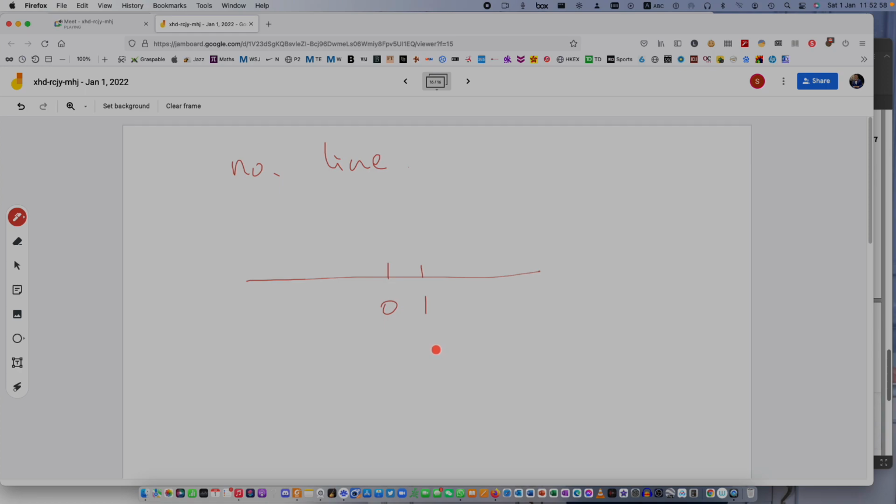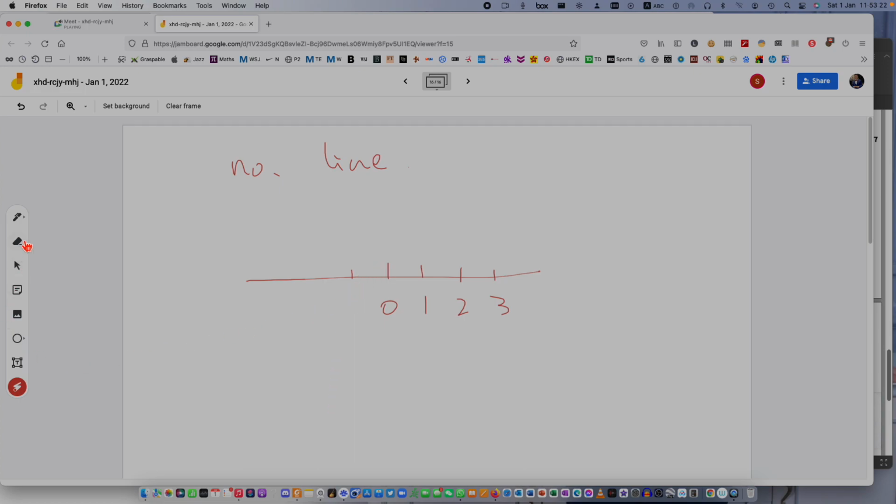What's the next number after 1? 2. Very good. What's the next number after 2? 3. Very good. So I have completed some parts for the right side of 0. Then what about the left side?